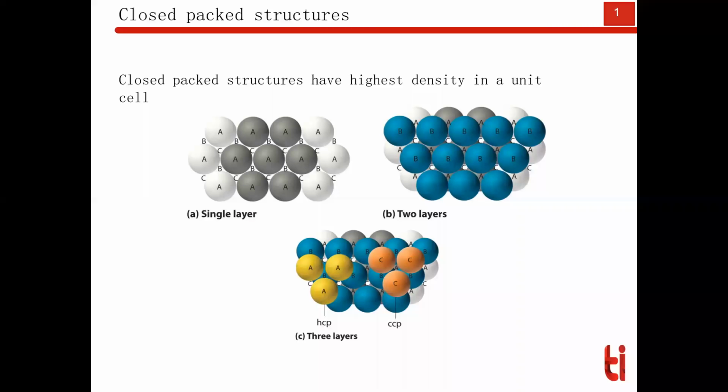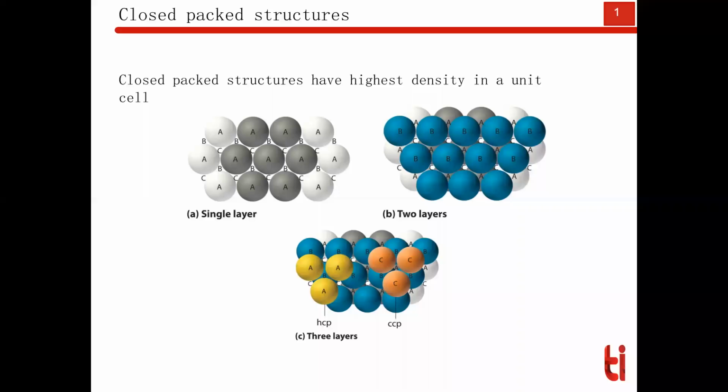Now, first thing is why it is called close-packed structures. They are called close-packed structures because they have the highest possible density within the unit cell. If you remember, we derived the APF factor for the FCC unit cell and it came out to be 74%.